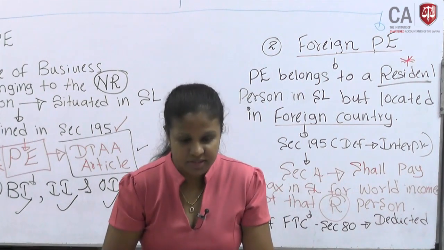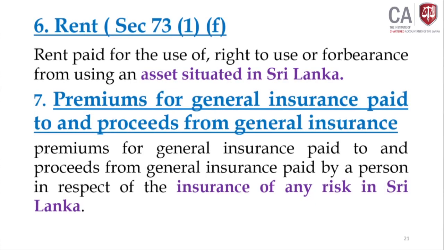Then we will go for the sixth one, rent. Section 73 subsection 1F, talking about rent. Previously, where have you learnt about rent? In the investment income under section 7 as part of the investment activity. Come to this. Rent paid for the use of, right to use, or forbearance from use of assets situated in Sri Lanka.